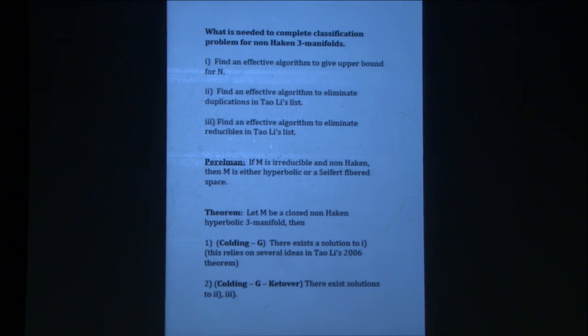Here's the main theorem I want to talk about today. If you have a closed non-Haken hyperbolic three-manifold, then with Toby Colding, we have a solution to the first problem: finding an effective algorithm for computing this upper bound. In addition, with Dan Ketover, we have a way of weeding out the duplicates and reducibles.